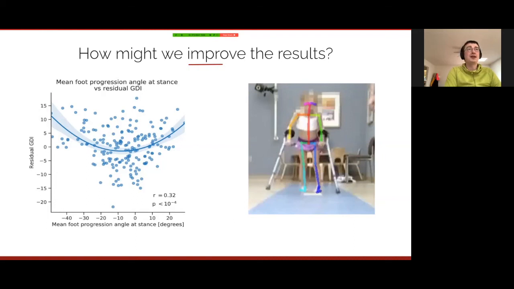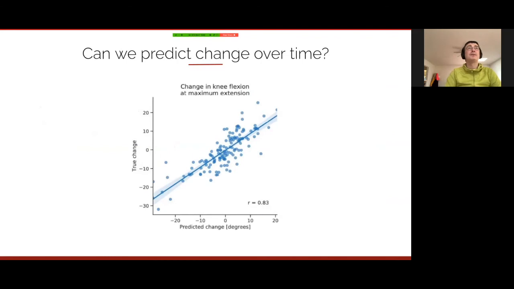And indeed, we found that if we try to predict residuals of our model, so the part that our model wasn't able to predict, and we correlate it with the foot progression, we find some relation saying that our model could be improved if only we had this extra information from the frontal plane. So it is a black box model, but then we can query it in a way to see what to do to make it better.